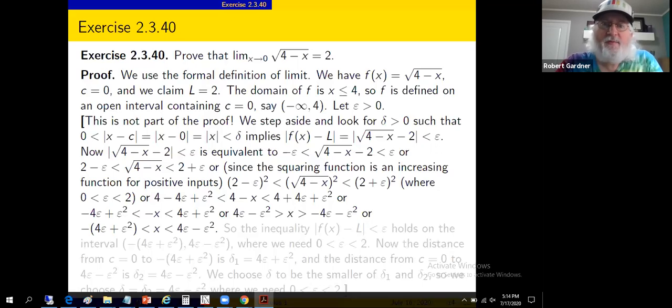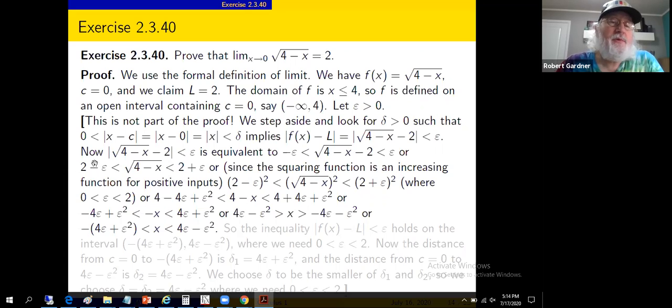Let's square throughout. Squaring function is an increasing function when you have positive inputs, so it'll preserve inequalities. When we have positive inputs, all 3 of these things positive. 2 plus epsilon's positive because epsilon's positive. This thing's non-negative because square roots are non-negative.